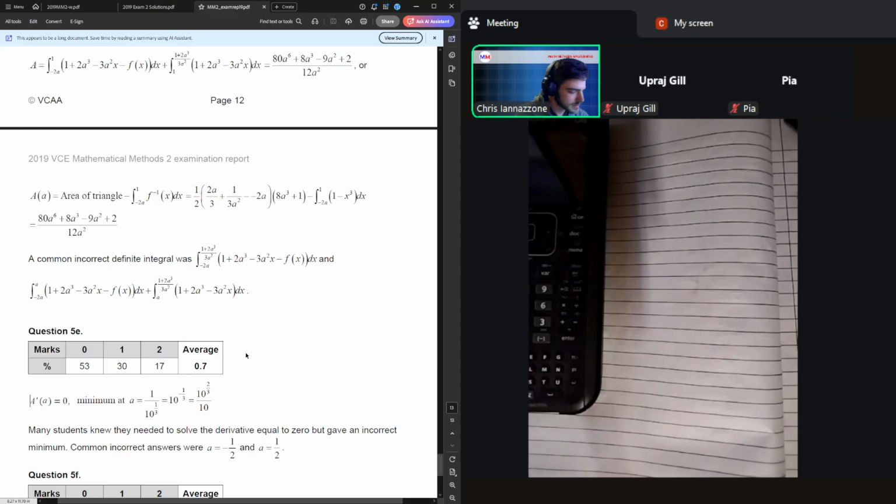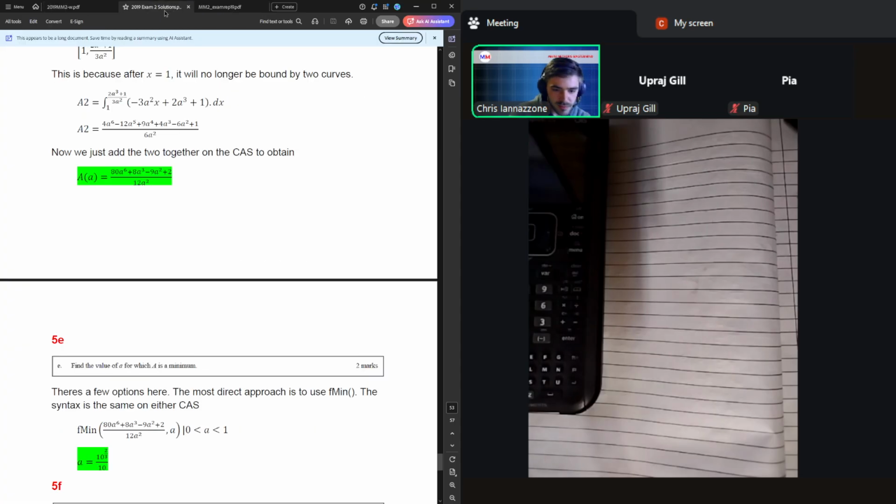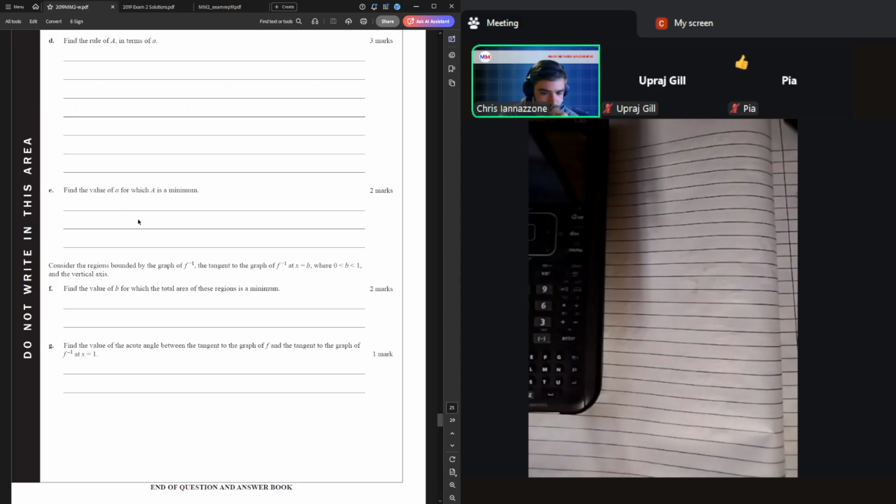Okay, they don't really mention anything about CAS syntax. I vaguely remember something complaining about it, but what they mention in the exam report is to put an a dash equals 0 in there and then solve it. So to be safe, I would start with fmin so I know I've got a guaranteed answer, and then when I do my f dash equals 0, I can be reasonably certain which of those is the min and which is the max. But yeah, nice work.